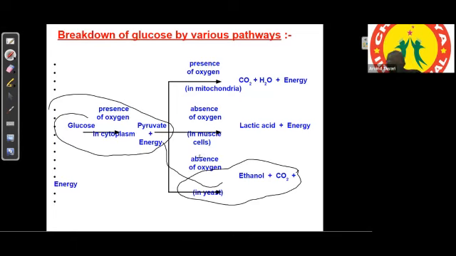If yeast cells are fed with glucose or carbohydrates, as you know, carbohydrates are made up of glucose molecules only. So yeast performs digestion of the glucose, that is respiration, and converts it to ethanol and carbon dioxide. So the answer is very simple.